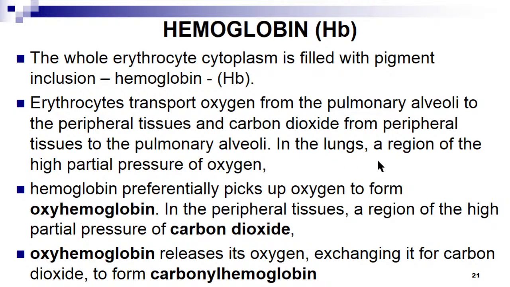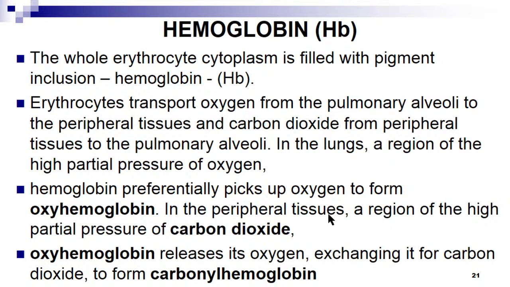In the lungs, a region of higher partial pressure of oxygen, hemoglobin preferentially picks up oxygen to form oxyhemoglobin, which has high affinity to oxygen.